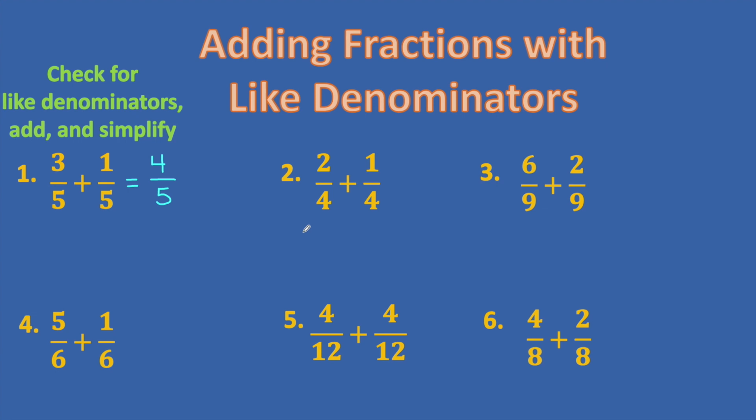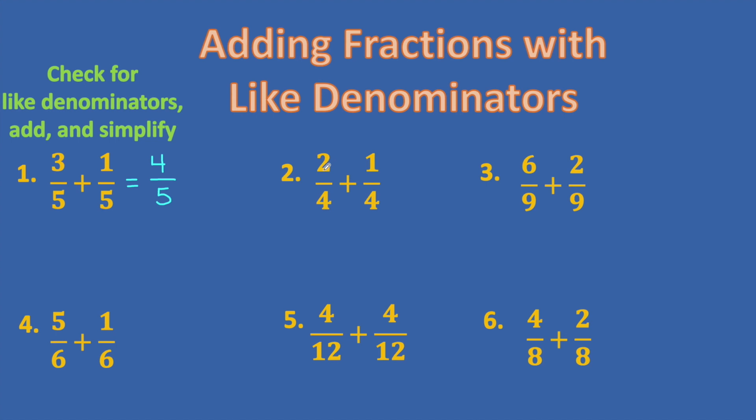Let's look at our second example. We have 2/4 plus 1/4. Again, same idea. We check for the like denominators, make sure they are the same exact number on the bottom, which they are. Then you know that it's okay to add.